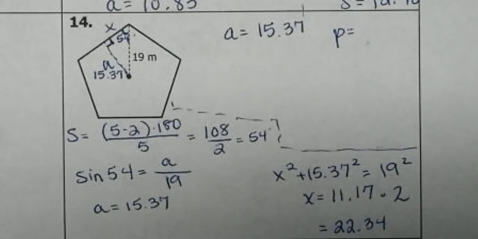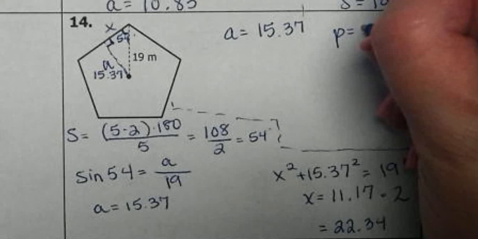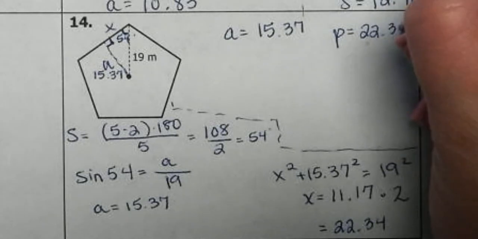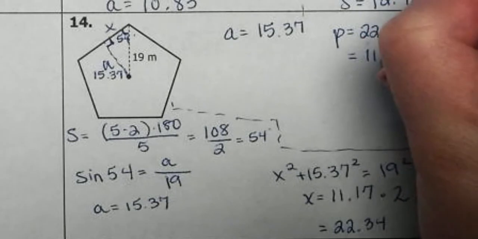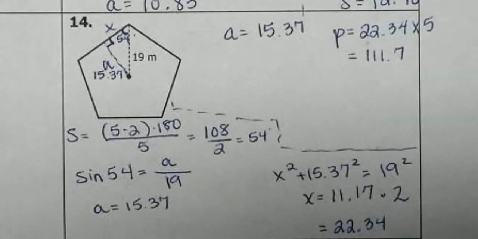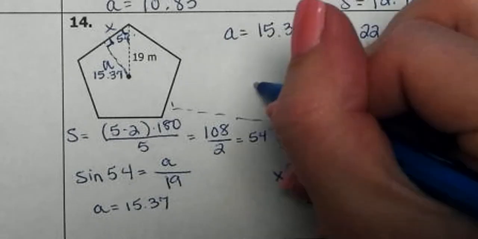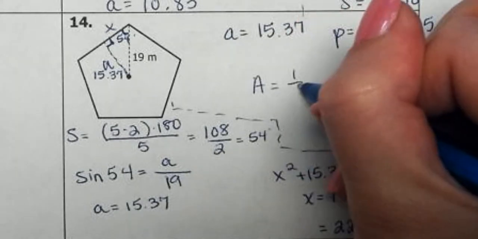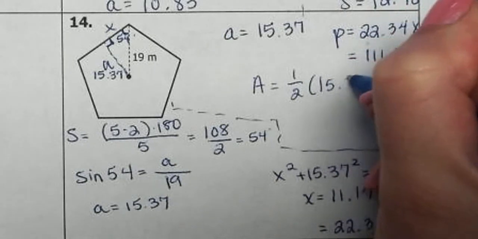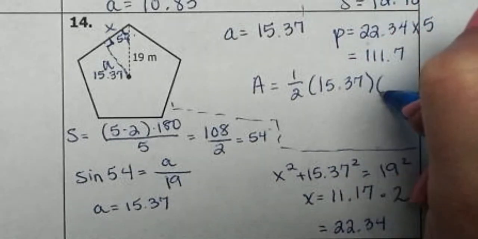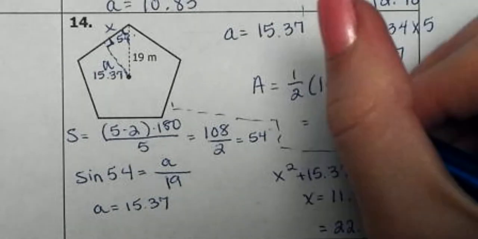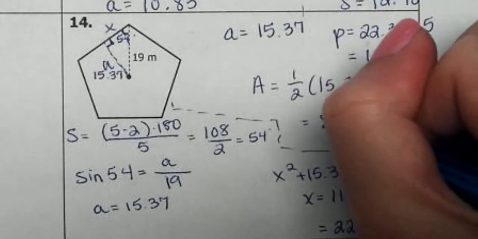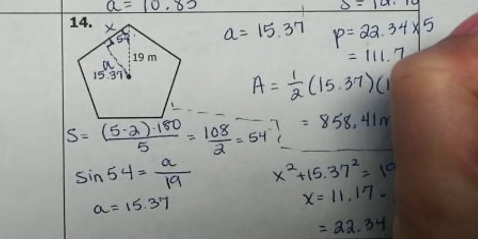That's the side. So to get the perimeter, multiply it by 5. And now that you have your apothem and your perimeter, you can find the area. So you end up with 858.41 meters squared.